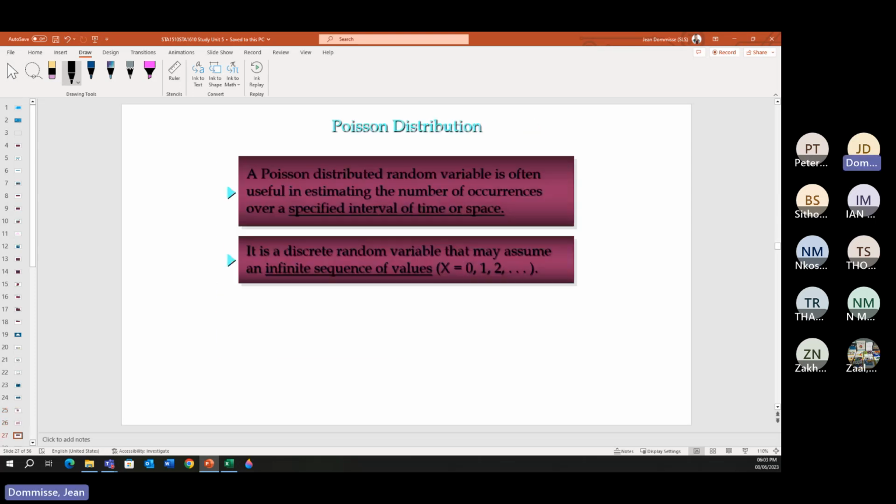Then the last one that we're going to look at is the Poisson distribution. What makes Poisson distribution different from binomial is that there is a time interval that is always added to the question.